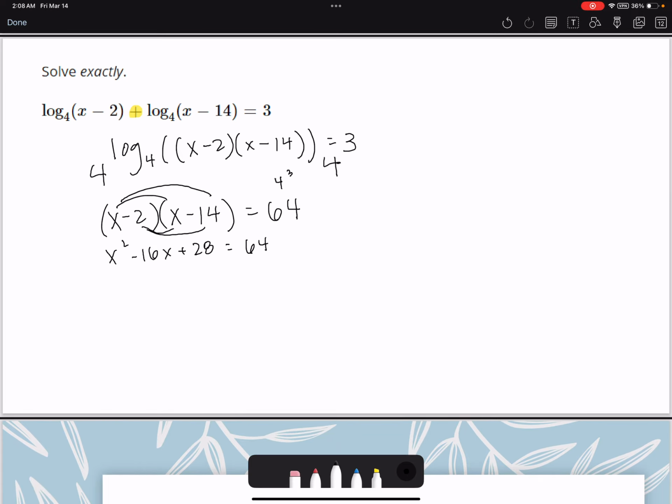And then in order to factor it or solve a quadratic, it has to be equal to 0. So we're going to subtract 64 on both sides. We have x squared minus 16x minus 36 equals 0.